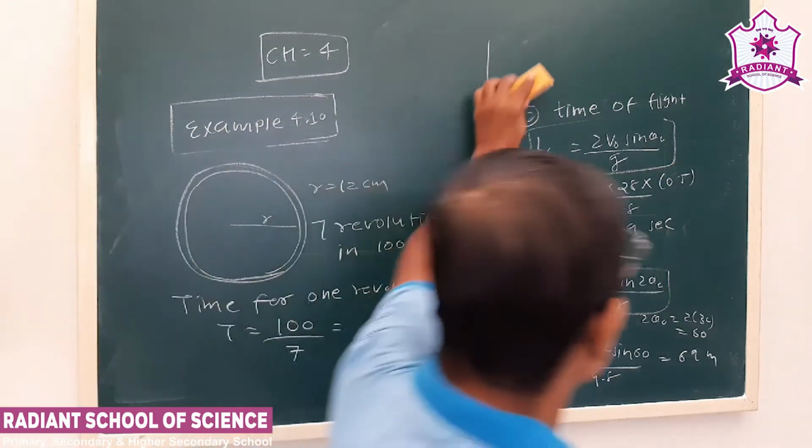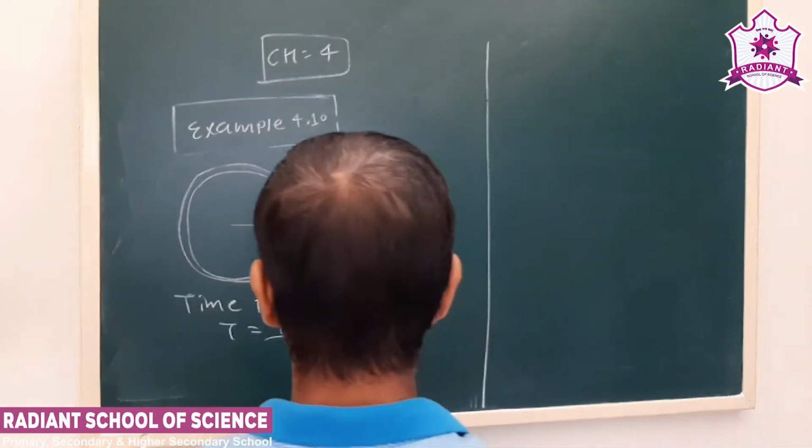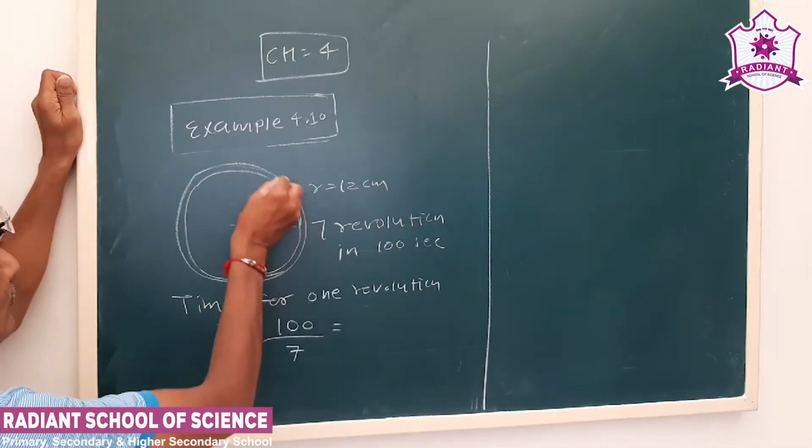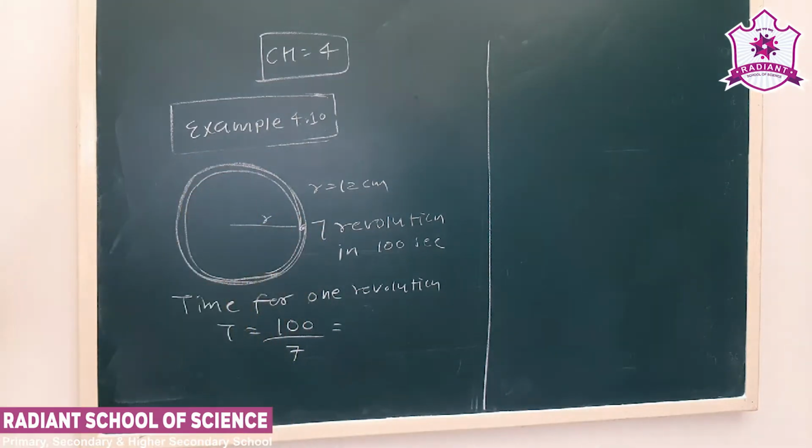Now see, the angular speed we have discussed is the angle covered. Now see here, start from, let us say, an initial point, and it comes back to the same point. See, the angle traversed is 360 or 2 pi.